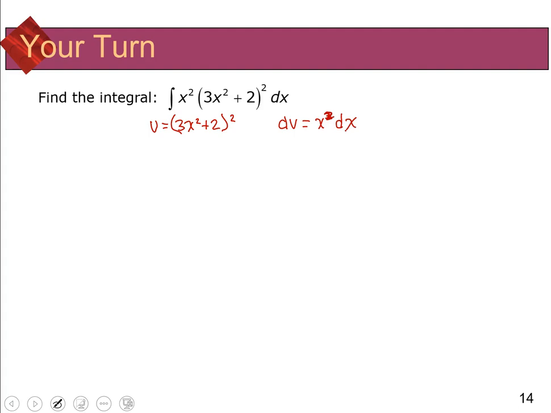Now, what I want you to do from this point is find du, find v, and carry through the integration by parts and see where you get to get the final answer. Does the final answer come out to be the same thing as you got on the previous page?